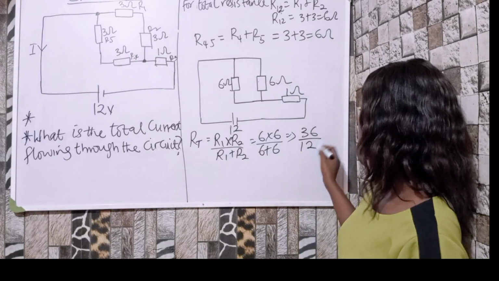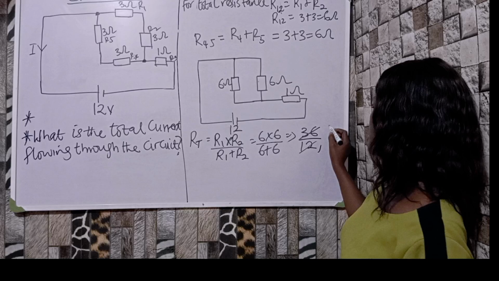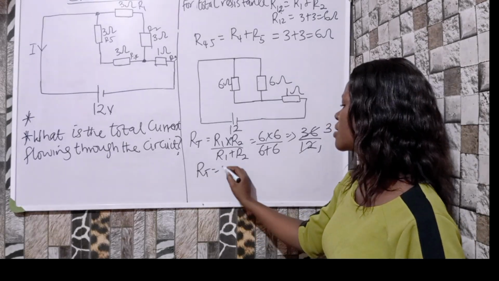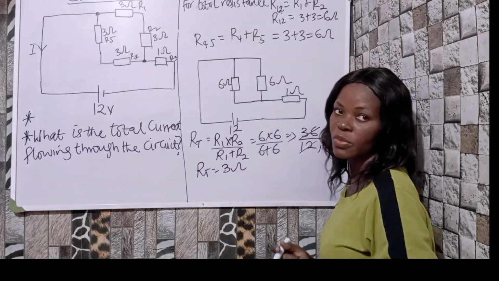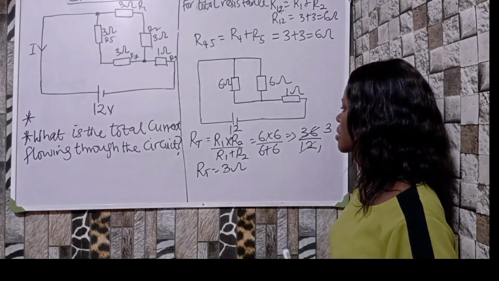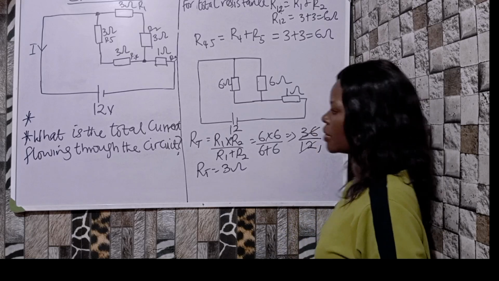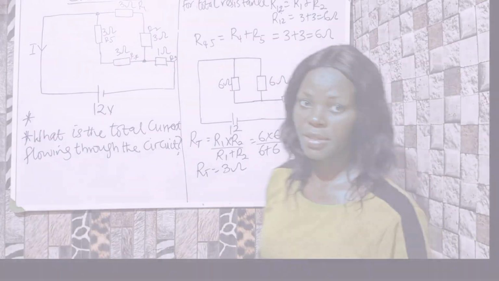By the time we divide it, 12 into 36, we have 3. So R total here is equal to 3 ohms.